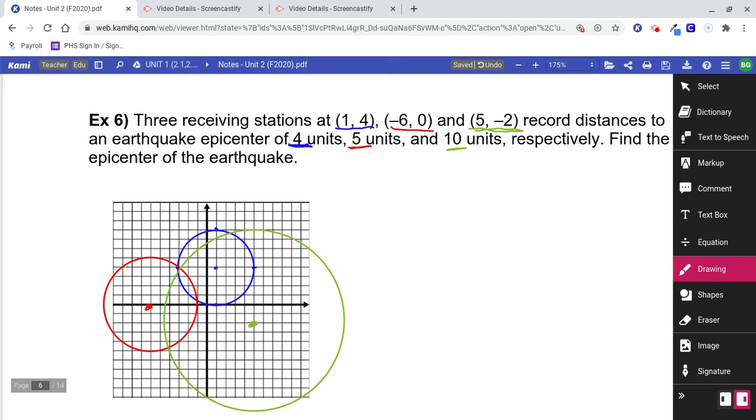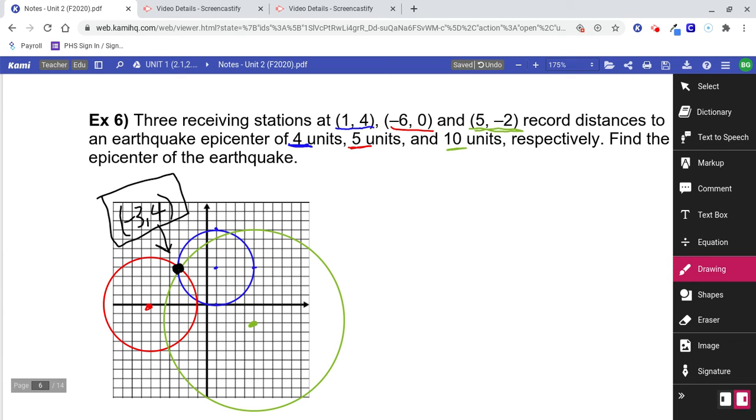I don't know if I could have done it better by hand, but you can see right there, that point appears to be on each of the three circles. So if you notice, the coordinates of that point are (-3, 4). That seems to be what we're looking for. Okay, (-3, 4) would be the epicenter, we think, assuming our graph's good enough.